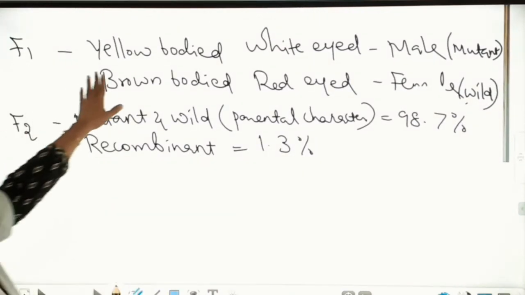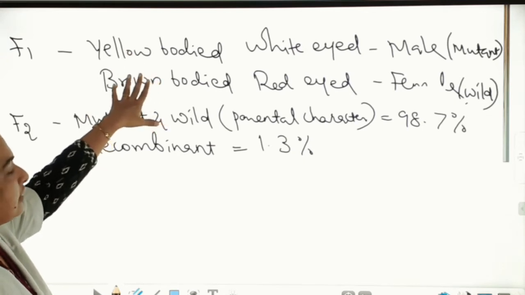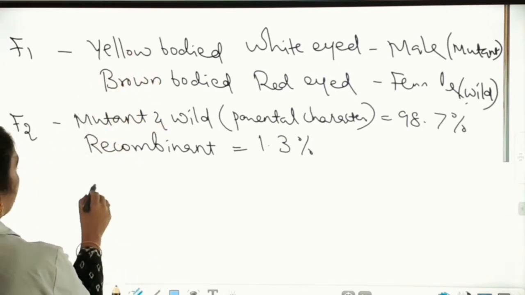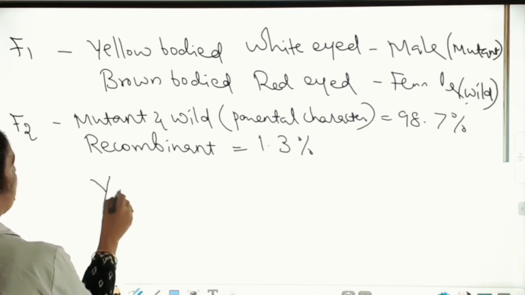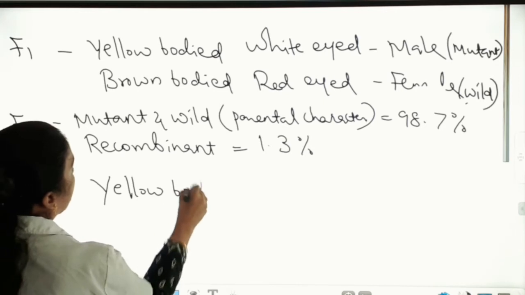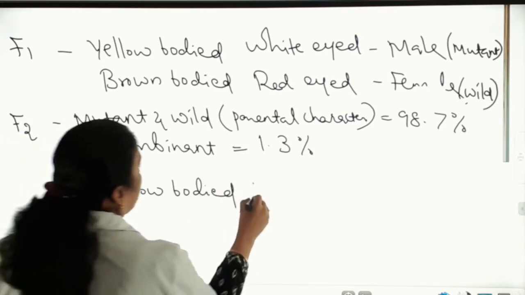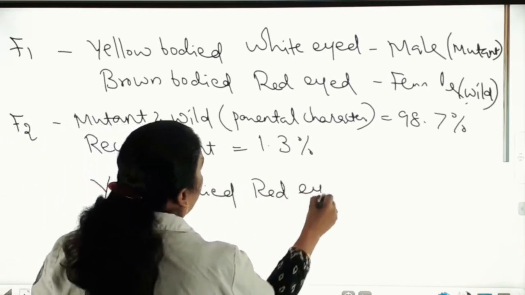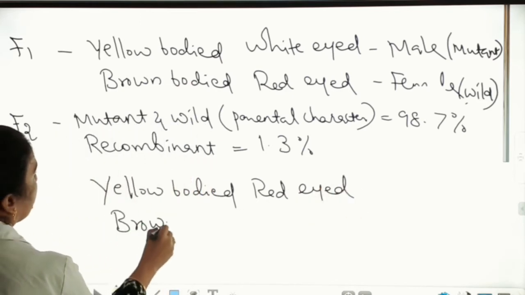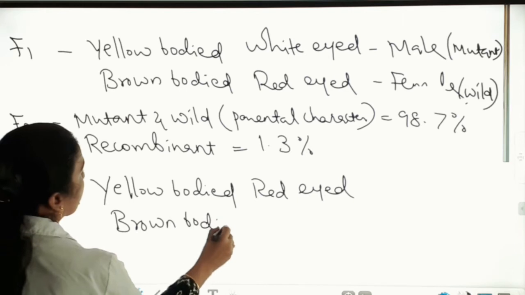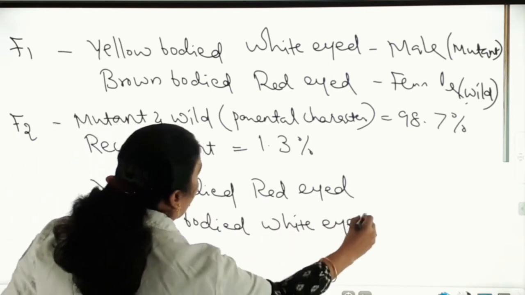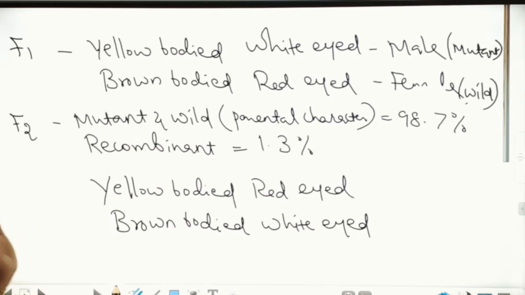Here the parental characters you can see mutant and wild character. Along with the mutant and wild character, the F2 offspring show yellow bodied, red-eyed and brown bodied, white-eyed. So this is the recombination of the parental character. Is it clear?